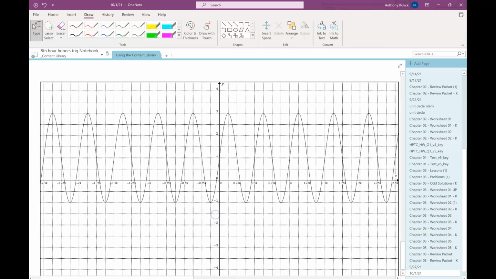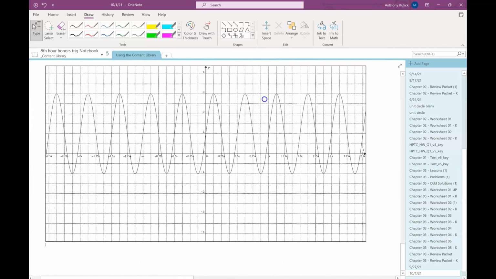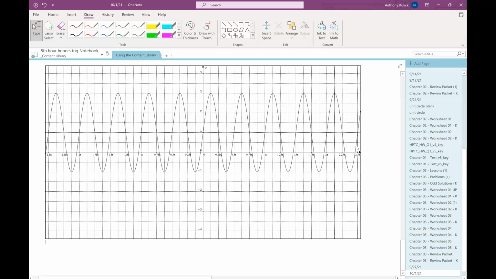Okay, so I went ahead and put a grid on behind the graph so it's a little bit easier to see where points are occurring.